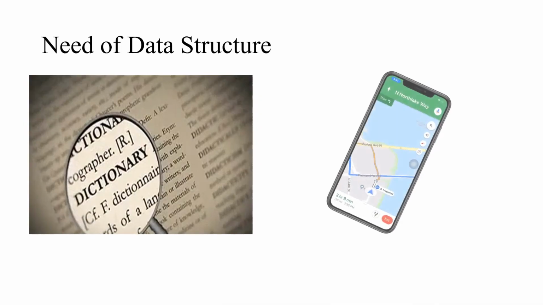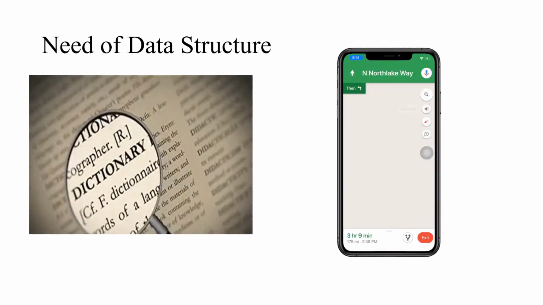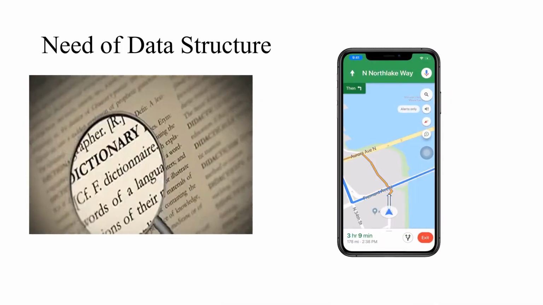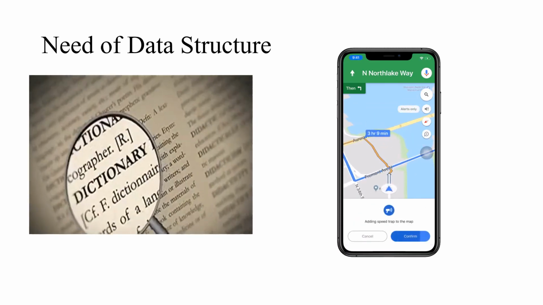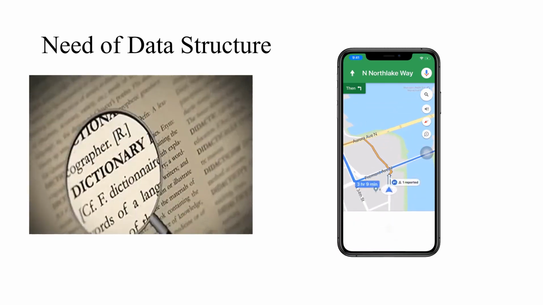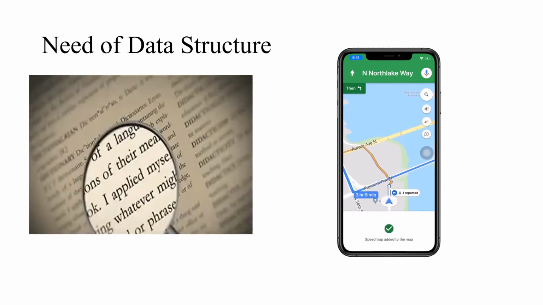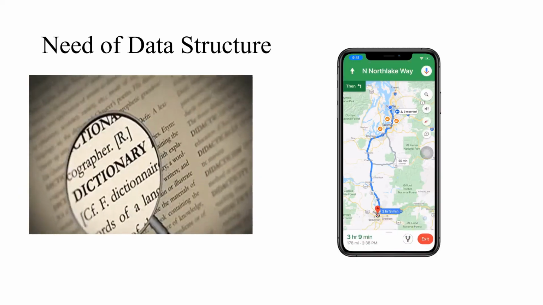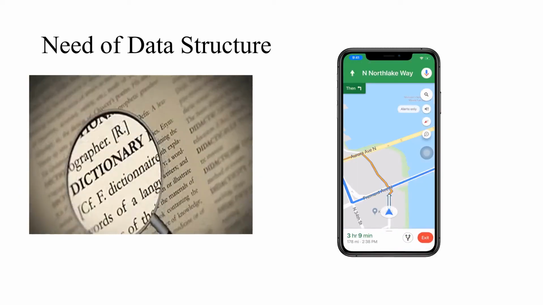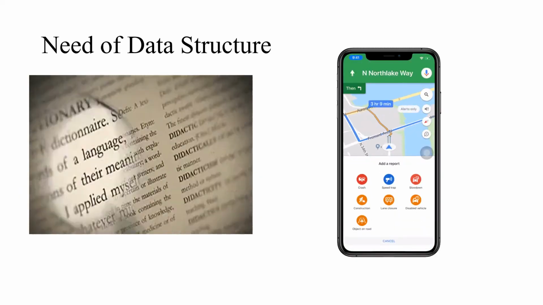Let's take another example. If a person is searching for a location or landmark without Google Maps or any type of map, again it will be time-consuming and very difficult to find the location.